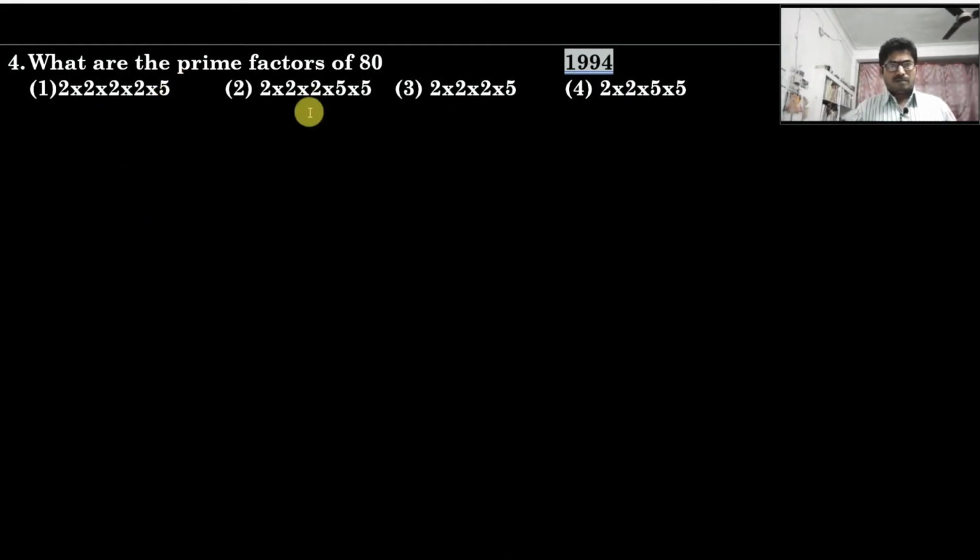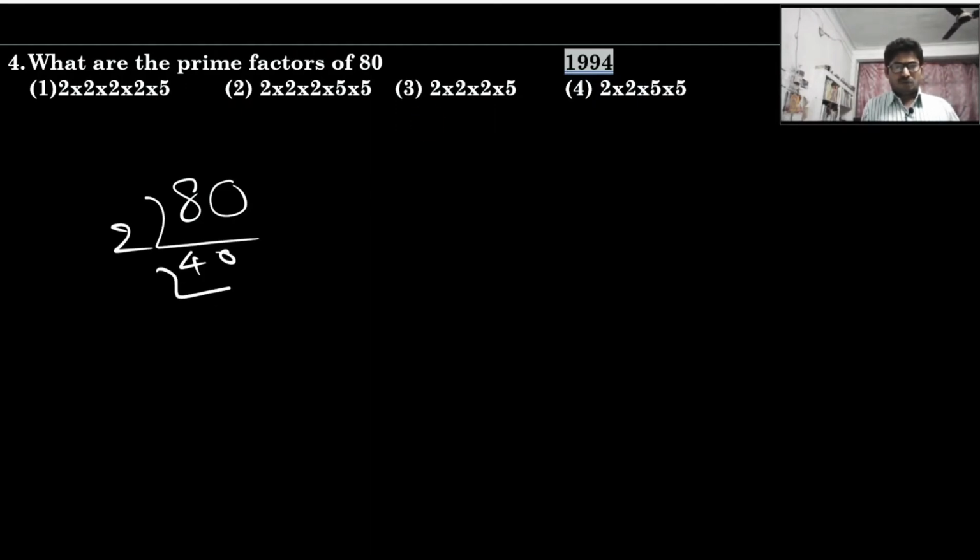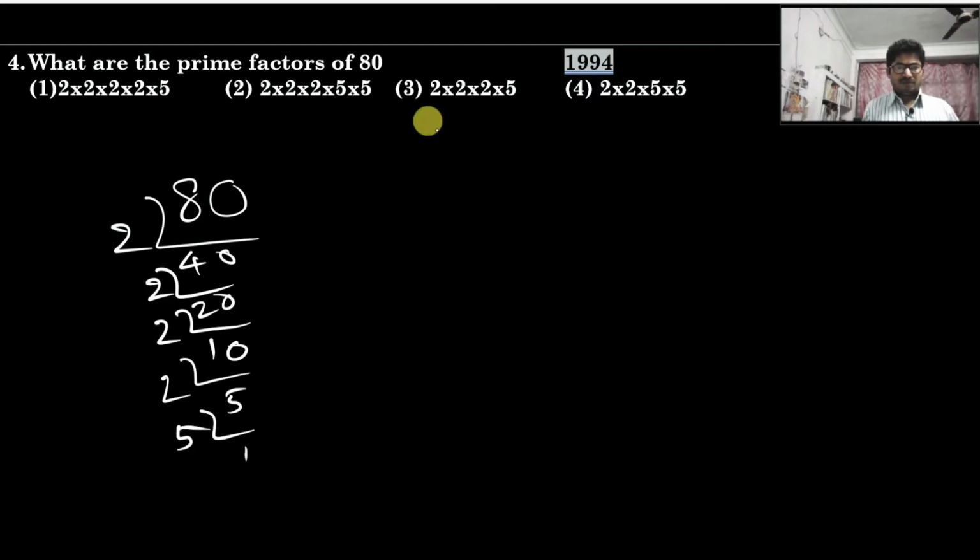What are the prime factors of 80? Prime factors of 80 means prime factorization: 80 by 2 is 40, 40 by 2 is 20, 20 by 2 is 10, 10 by 2 is 5, 5 by 5 is 1.